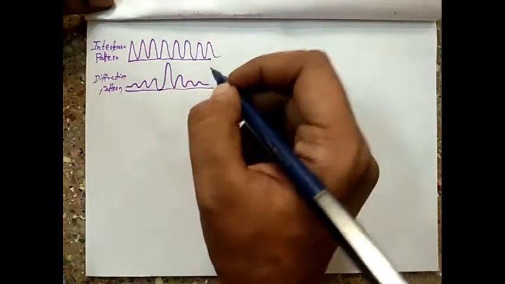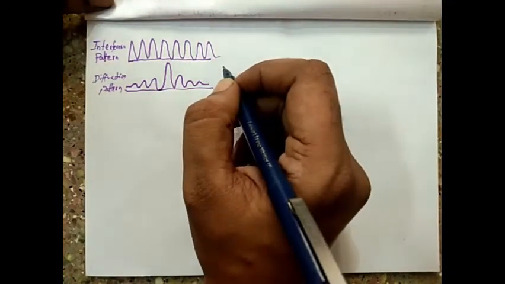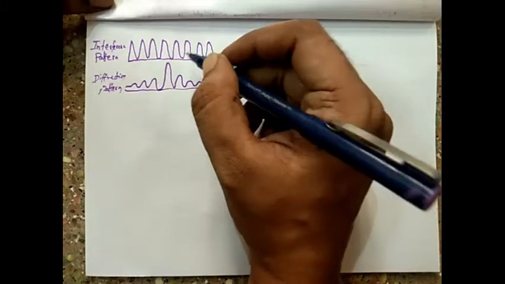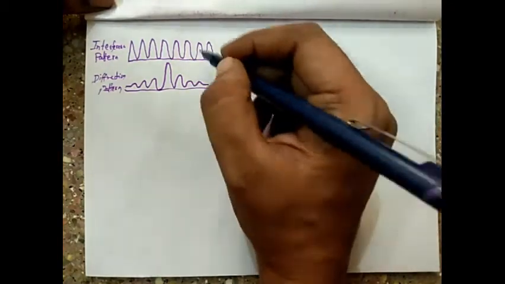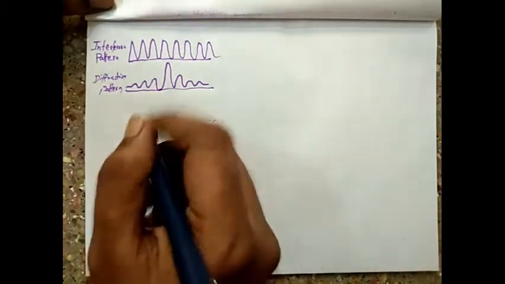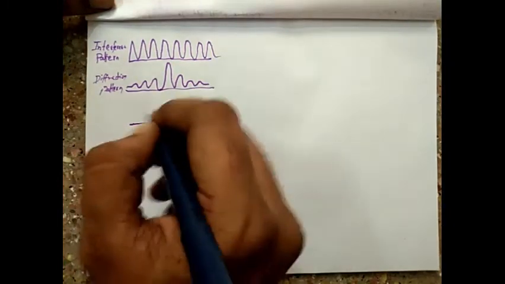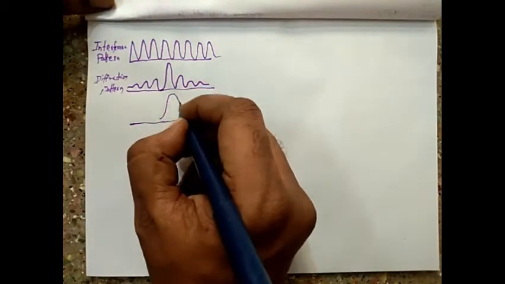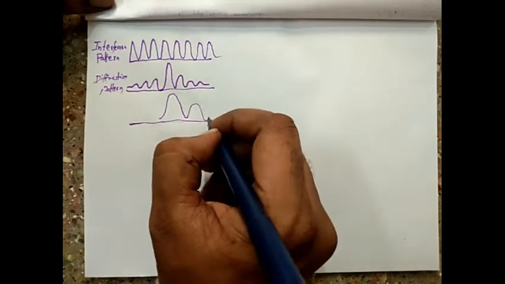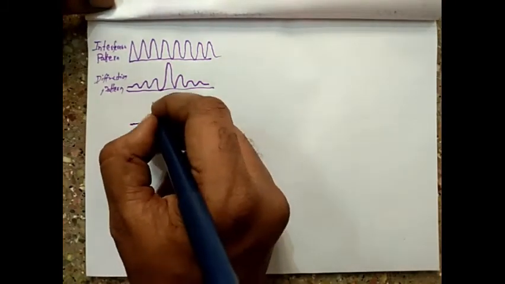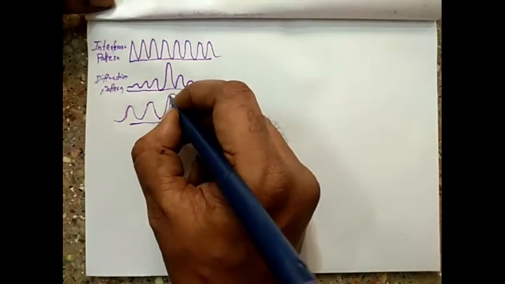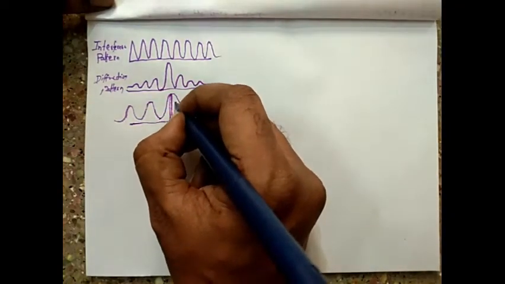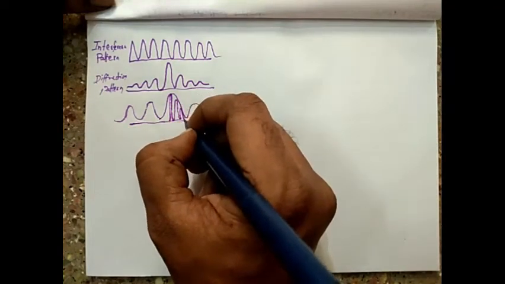Already I told you the output of the double slit consists of both interference pattern and the diffraction pattern, or else it is a combination of diffraction pattern and the interference pattern. So the output of the double slit will look like this. So inside the diffraction pattern there will be an existence of interference pattern.